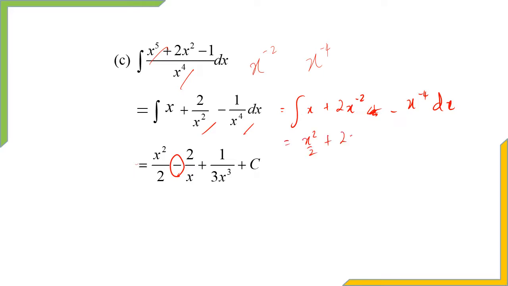This is 2x to the power of negative 1 over negative 1. And then this one is negative x to the power of negative 3 over negative 3. So negative will be positive. Then plus c. So that's why we have an answer of x squared over 2 minus 2 over x plus 1 over 3x cubed, plus c. We bring x to the bottom.